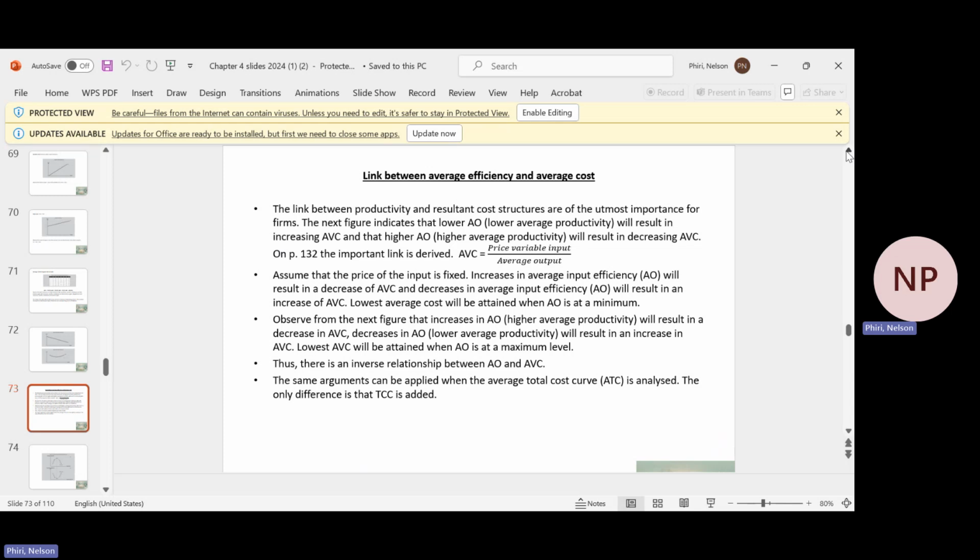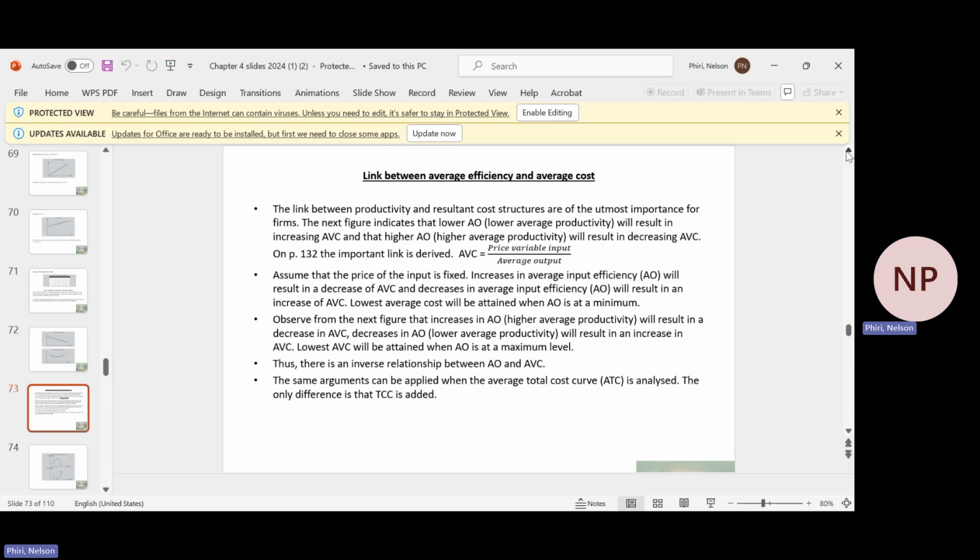So your AVC is the price of the variable input divided by the average output. So if we assume that our price of input is fixed, increases in efficiency, AO, which is your average output, will result in a decrease in AVC.